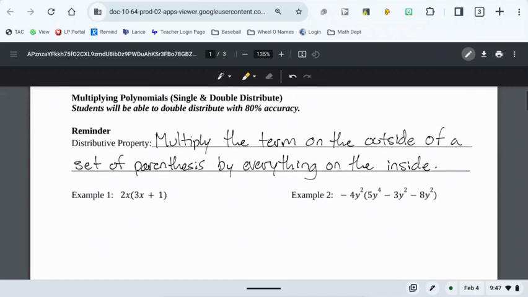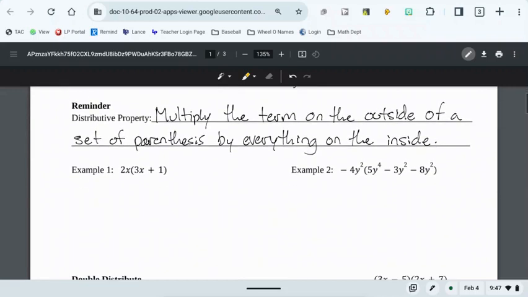Okay, so we take that term on the outside and multiply it, distribute it by everything on the inside.